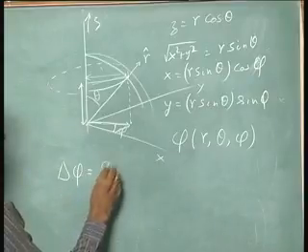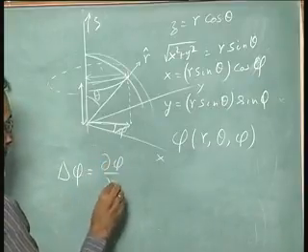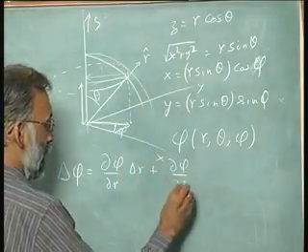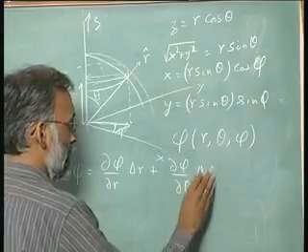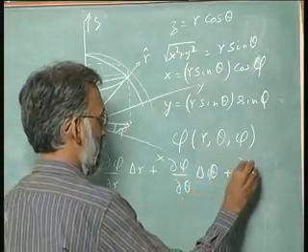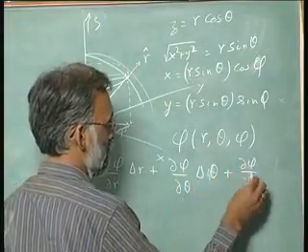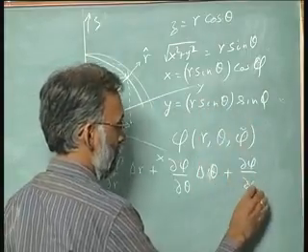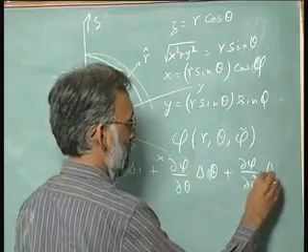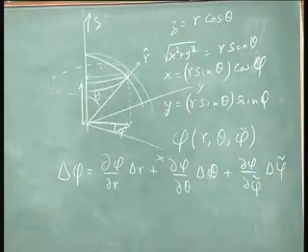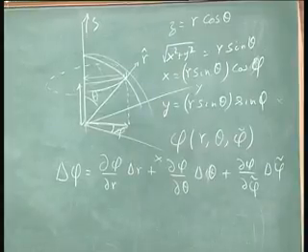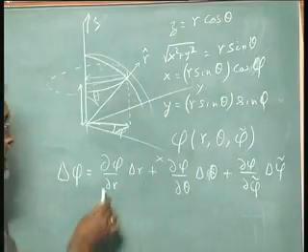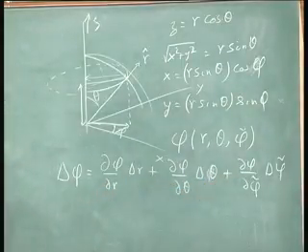Delta phi is del phi del r, delta r, plus del phi del theta, delta theta, plus del phi del, well, I should use a different symbol, delta phi tilde. So, this is nothing but, if I have a function of 3 variables, the change in the function is given by this expression.